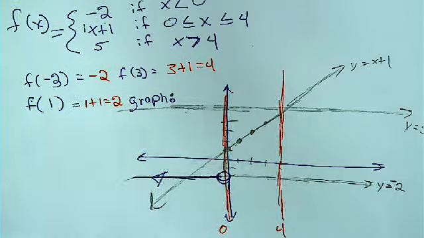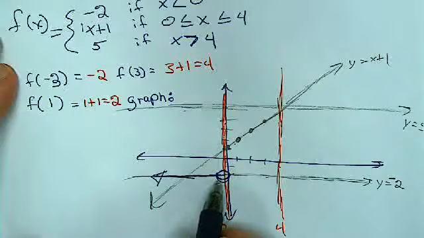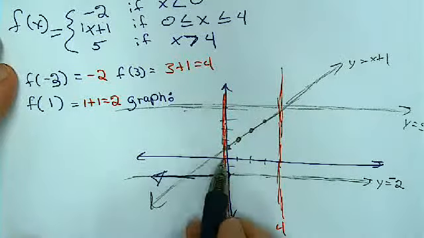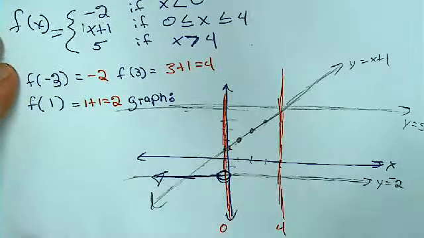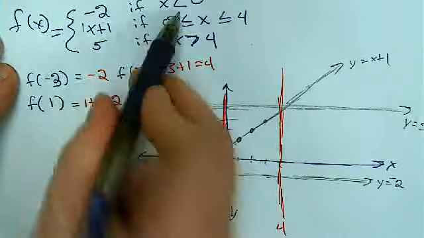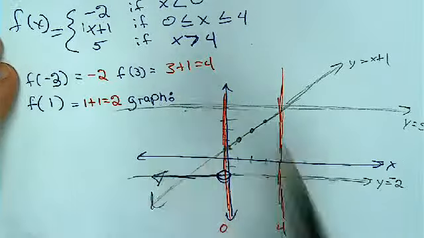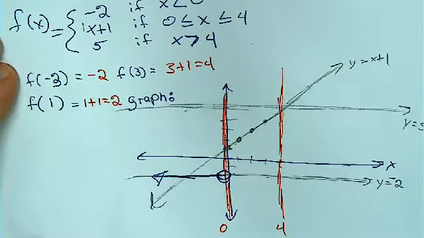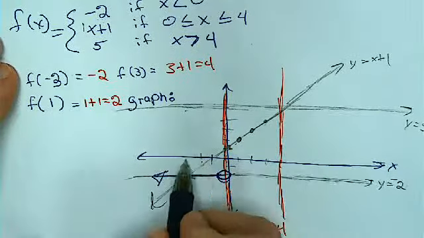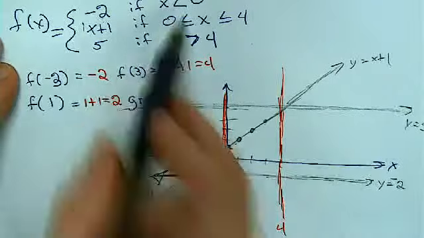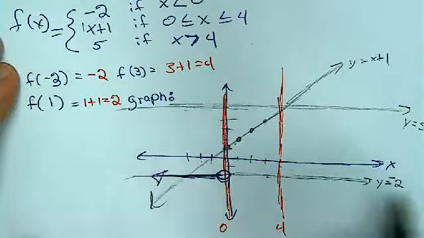Sure. As long as I'm dealing with all the numbers before 0, so here's my x's. If the numbers are before 0, that's this range, I'm following the rule of -2. So -1, -2, -3, all those numbers are less than 0. So my output is going to be along that line.